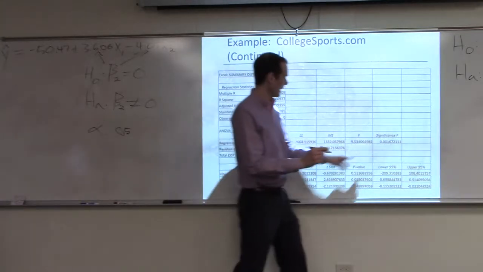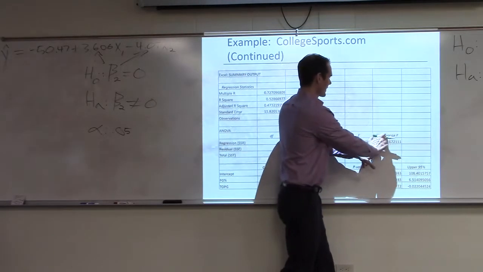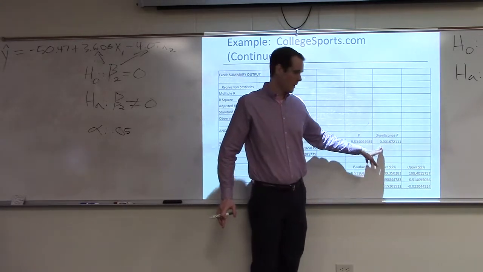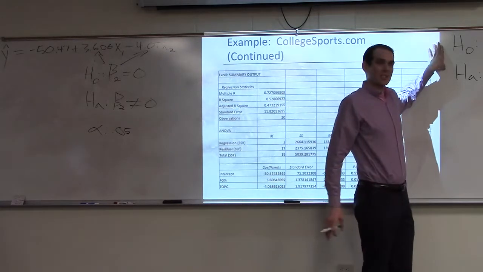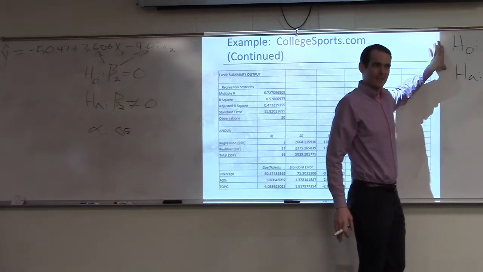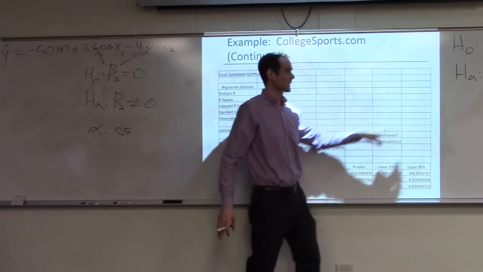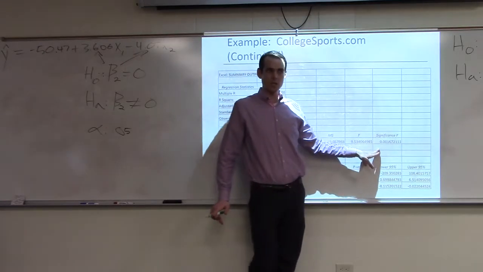Fantastic. Now I'll jump the gun here and have you look at this significance F. This is the p-value for this F statistic for this hypothesis test. So looking at that p-value, what do you conclude?